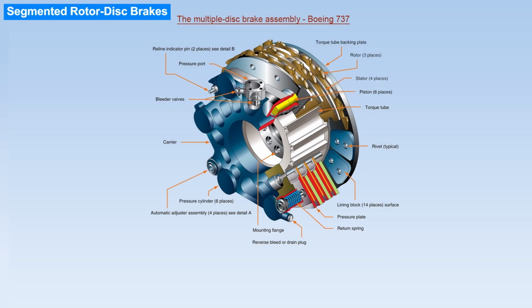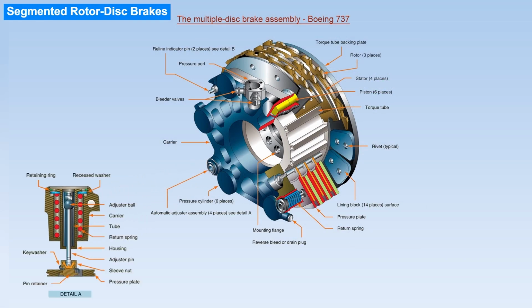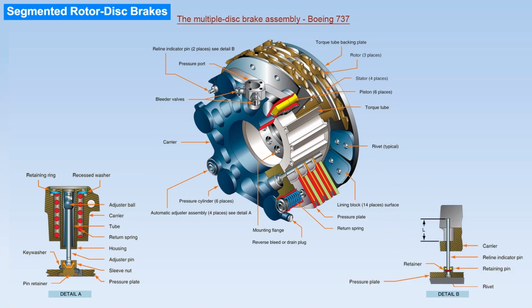Retraction springs and auto-clearance adjusters pull components apart when pressure is released, maintaining proper running clearance. Wear is monitored using built-in indicators such as protruding pins or other manufacturer-specified designs. Some brakes use an adjuster pin, ball, and tube system to limit piston return and automatically compensate for lining wear.